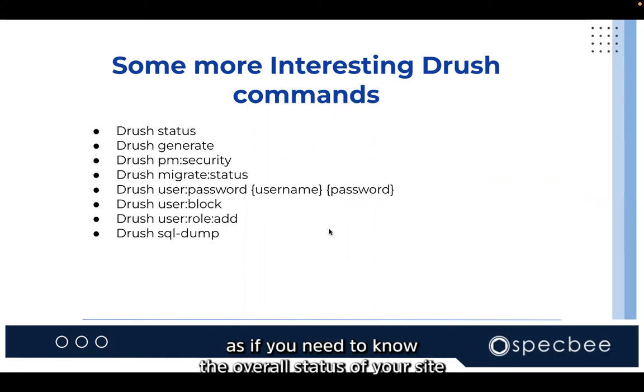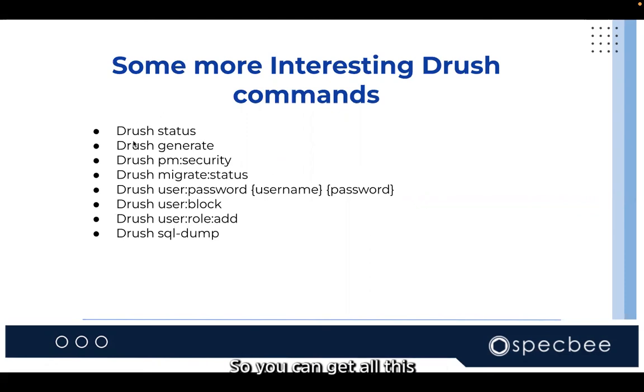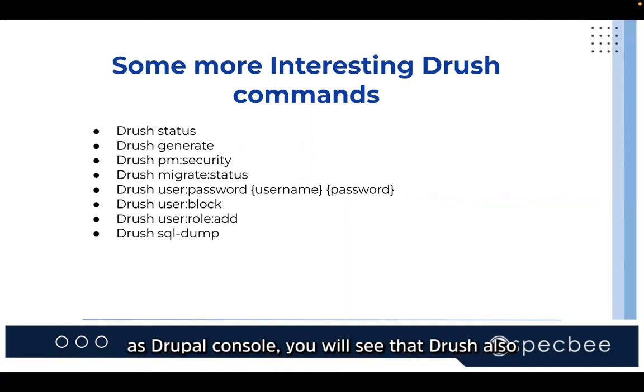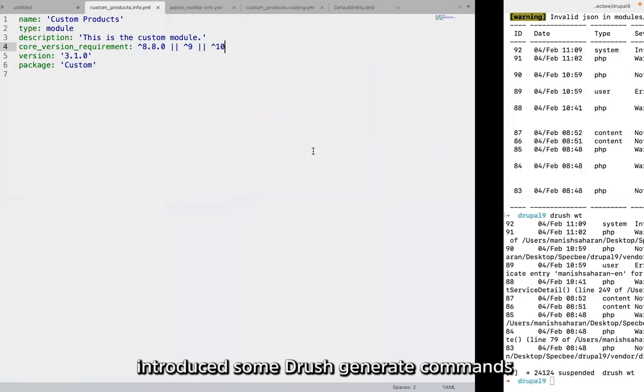If you need to know the overall status of your site, such as the PHP version, the current core version, and the loaded PHP configuration file, you can get all this data from Drush status. Again, Drush generate. This is another interesting command. Like Drupal Console, Drush also introduced some Drush generate commands.